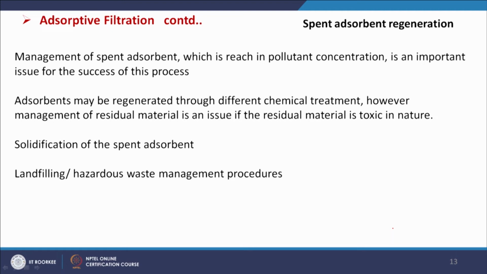We can regenerate it by dissolving the adsorbed pollutants or adsorbate, but in that case we again create some toxic substances, and management of that is also very essential. Or we can use this spent adsorbent for solidification, so that it will be solidified with concrete.